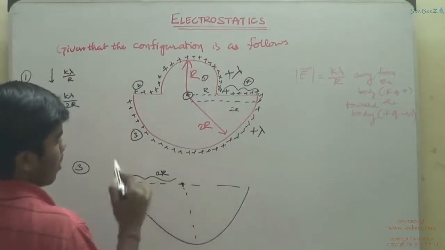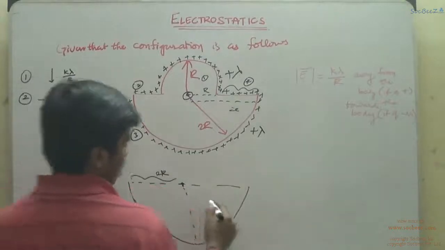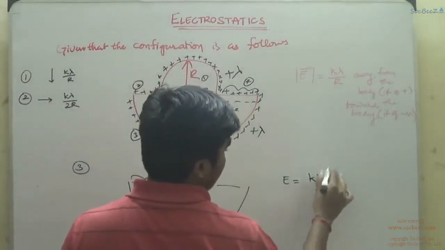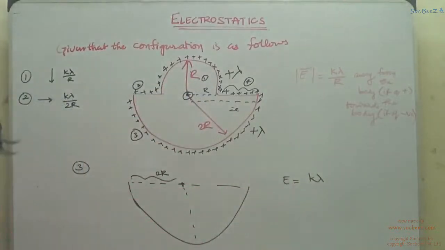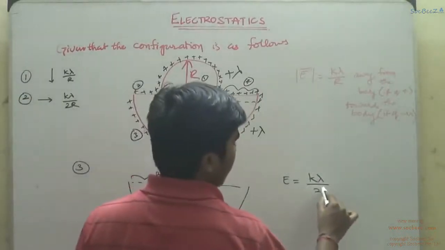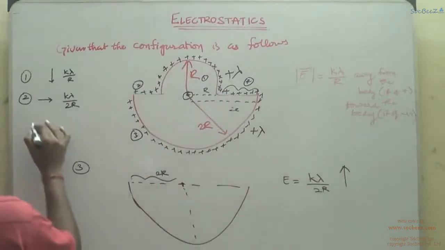Of radius 2r. According to this formula, the electric field is equal to k lambda by r, where r was the radius of that semicircle, but in this case we have a semicircle of radius 2r, so it will become k lambda by 2r, and the direction is upwards. So due to the third part, it is k lambda by 2r upwards.